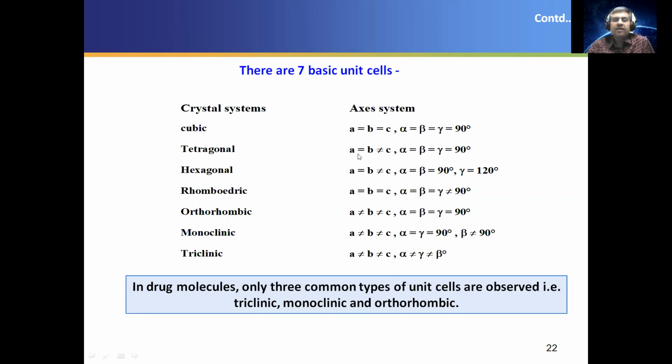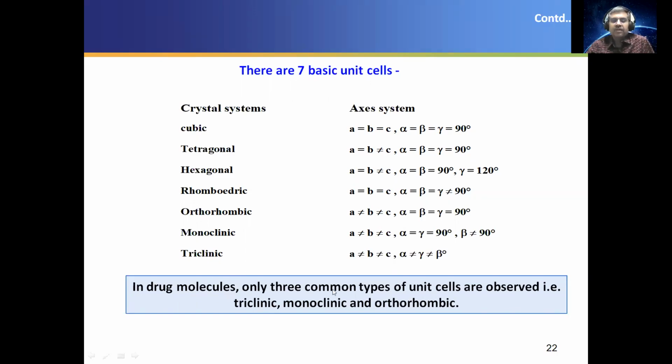In tetragonal, a equals b, which is not equal to c, and alpha, beta, and gamma are all 90 degrees. Similarly, for hexagonal, rhombohedral, orthorhombic, monoclinic, and triclinic, the values of a, b, c, and alpha, beta, and gamma have been shown on this side.